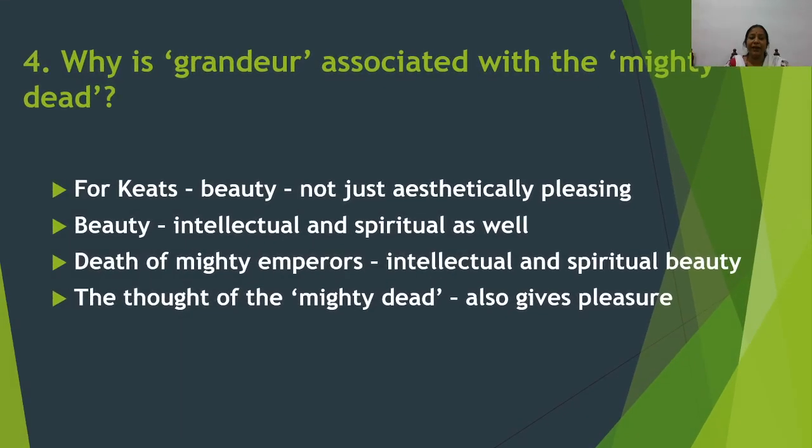Next question is, why is grandeur associated with the mighty dead? Now, in the second last couplet, after picking different examples of things of beauty from nature, the poet gives us examples of spiritual and intellectual aspects of beauty. For Keats, beauty is not just aesthetically pleasing; it is not necessary that a thing of beauty should look beautiful externally.